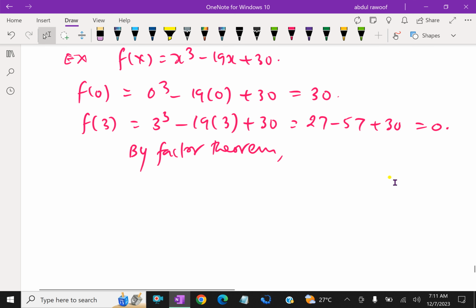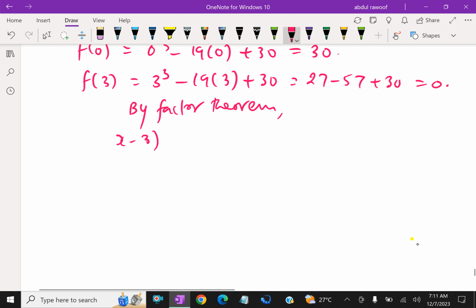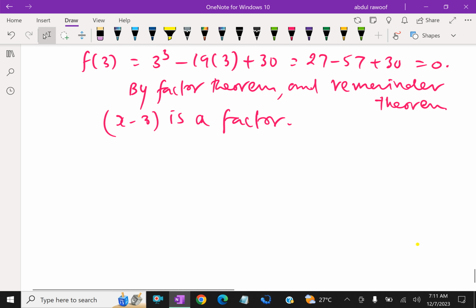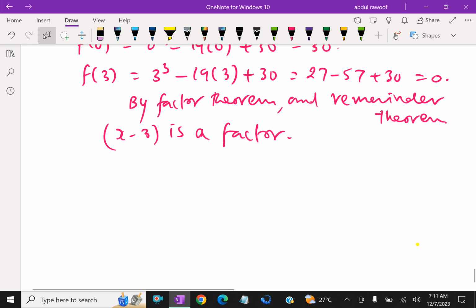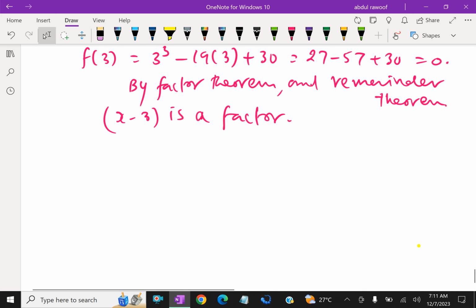Since f of 3 equals 0, we can say x minus 3 is a factor of f of x. Then let the first part finish. Then look at the second part of that question.